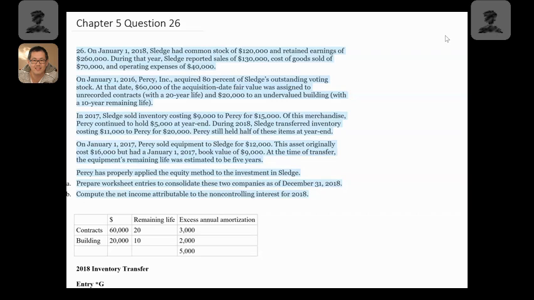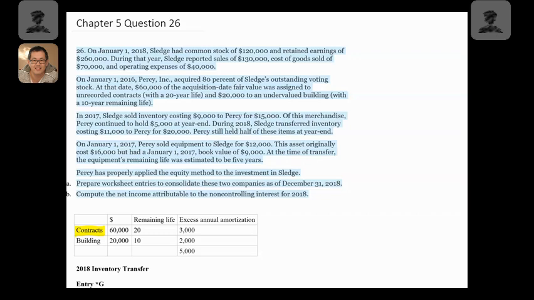First, let's prepare the excess annual amortization related to the subsidiary's accounts that have different fair value from book value. The first one we have is the contract, which is undervalued by 60,000. It has a 20-year remaining life, so every year there's going to be 3,000 excess annual amortization.